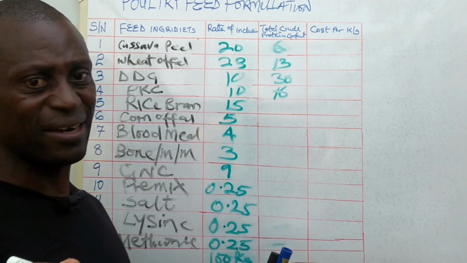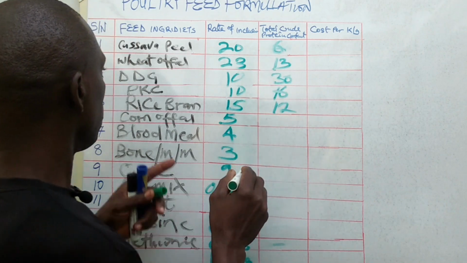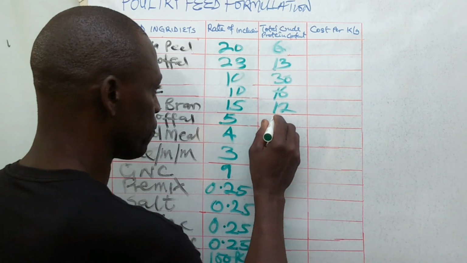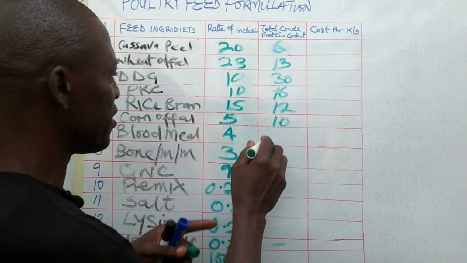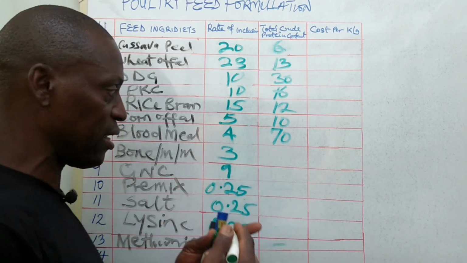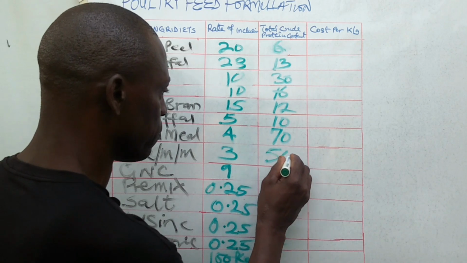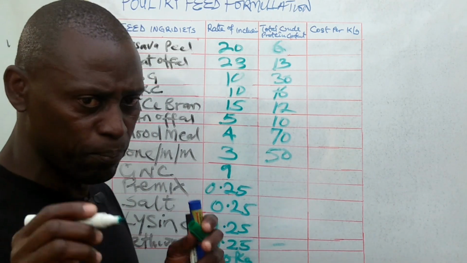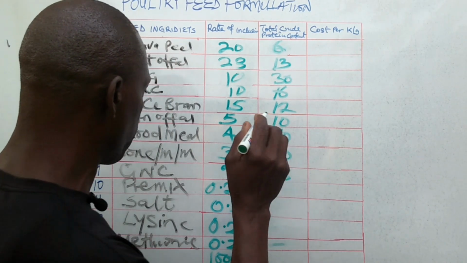Then rice bran has 12% to 13% crude protein. Then corn offal has 10% crude protein. Then blood meal has 70% crude protein. If it is properly processed, it can get more than 70%. Bone and meat meal has 50% crude protein. Then GNC has 36 to 37% crude protein. Let's use 38% crude protein here.